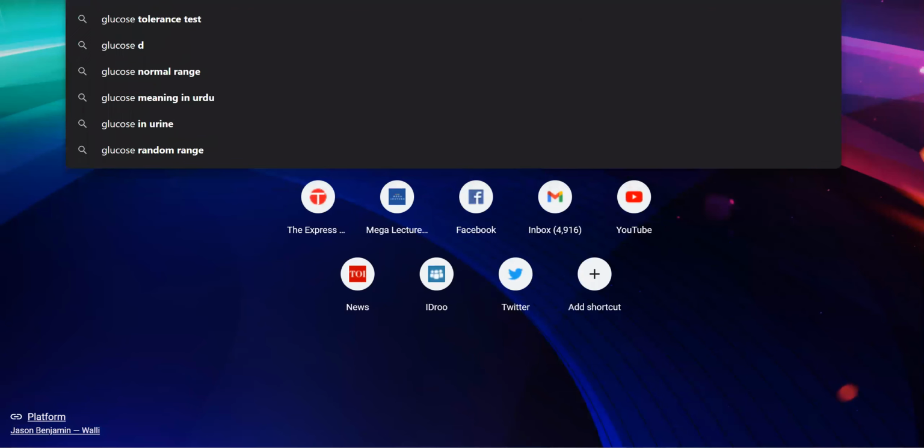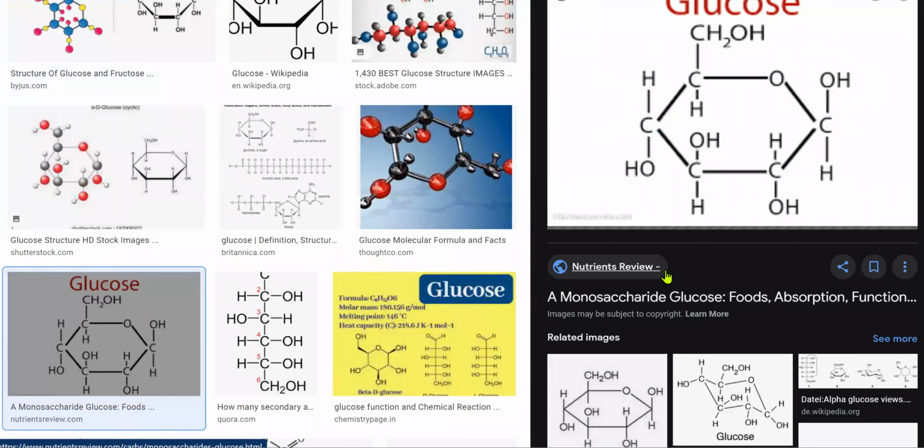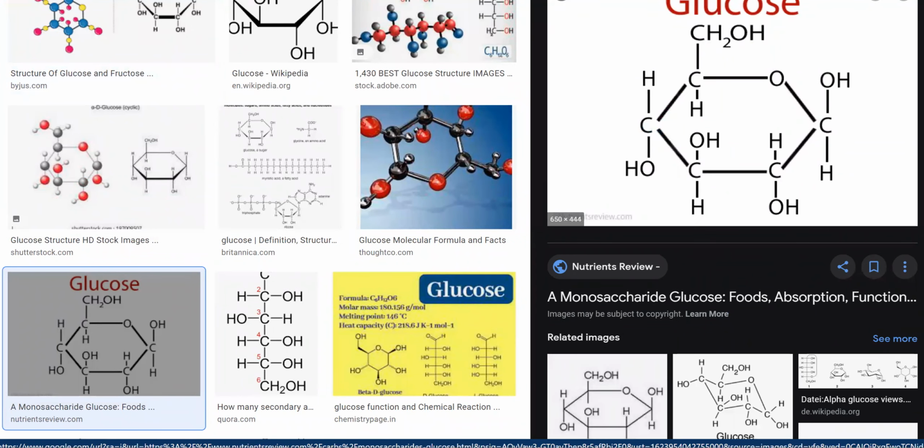This is what a glucose molecule looks like. You don't know what the arrangement is. So maybe I'll be able to find a glucose molecule. I think this should be sufficient. Let's talk about this one. So this is your C6H12O6, right?